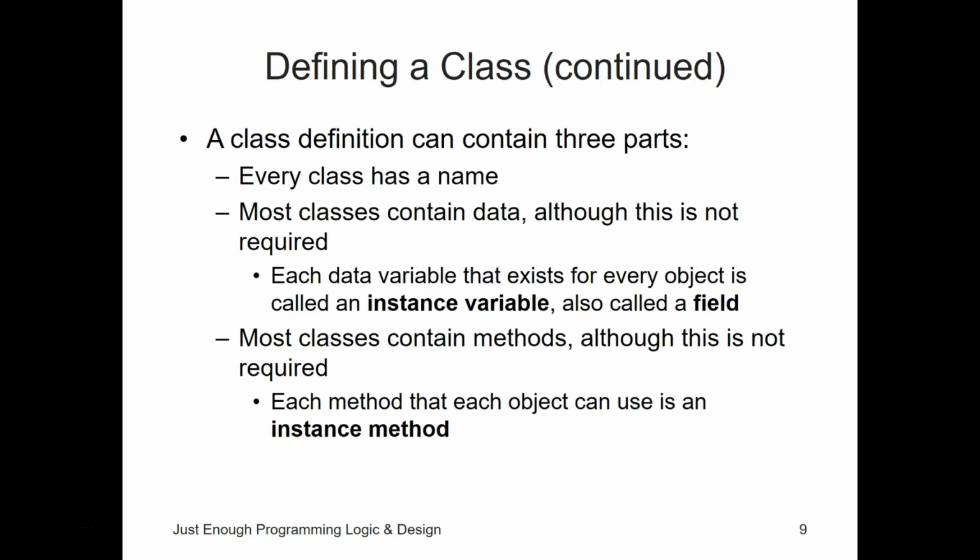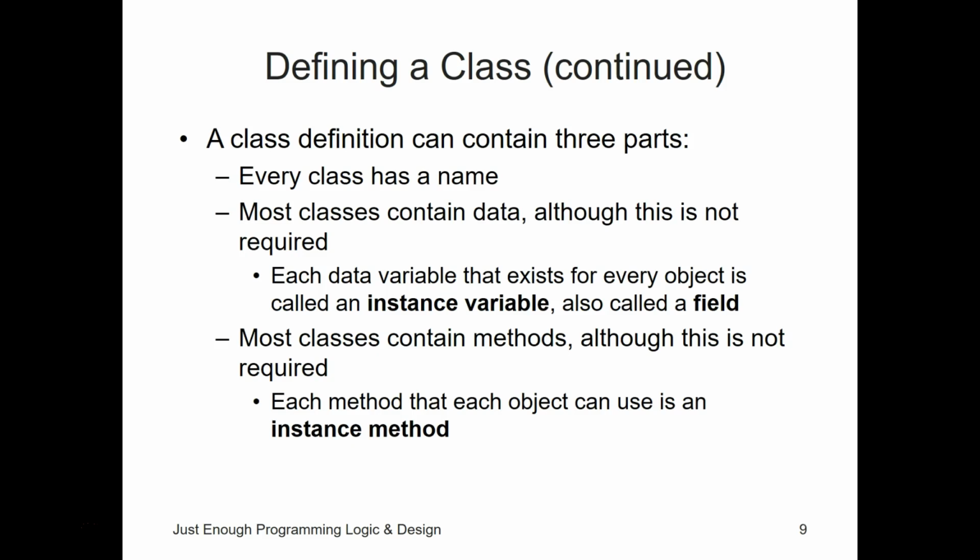So defining a class really only has a couple of things. It has a name. We know we have to call it a name. So, class dog. Most classes have data. Not required, but they will generally have either data or a method.